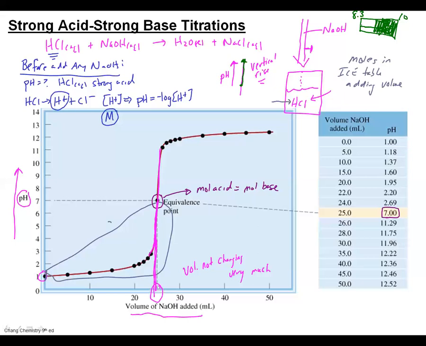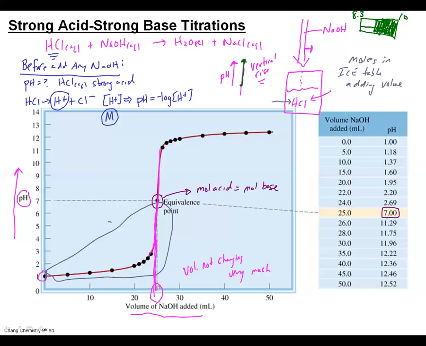That is also why, when people yell at you that you should get it to the lightest color of pink that you can get, they are correct. You should do that. But the reality is, if you only miss the equivalence point by 1 or 2 drops, it's not going to make a tremendous difference in any calculation that you do. Just visually, it's going to look darker, but it won't make that big of a difference.